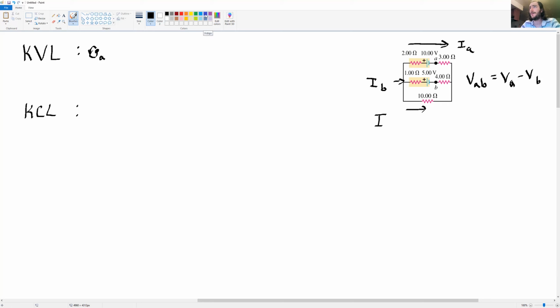And when we do that here, let's try to use some different colors so it looks a little bit less cluttered. We start with 10 volts, again moving counterclockwise around the top loop. We gain 10 volts, and then, because I've selected the direction of the current from left to right, we gain an amount of voltage which is 2 ohms times that current IA.